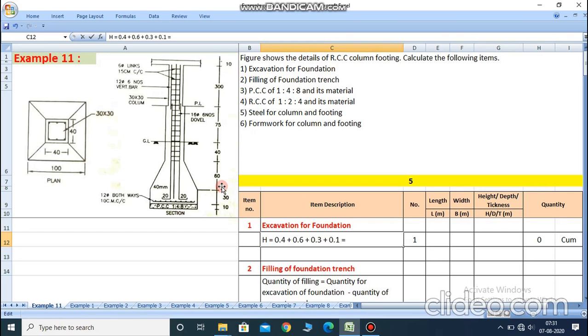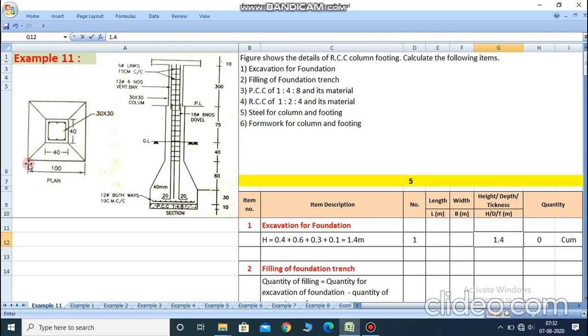So the summation of all the values is 1.4 meter. Clear? So the depth or height of the excavation is 1.4, and length and width we get from the plan.